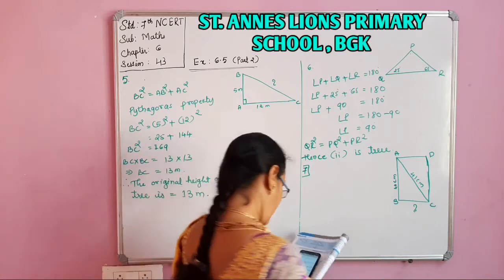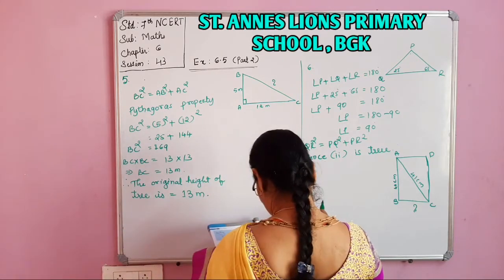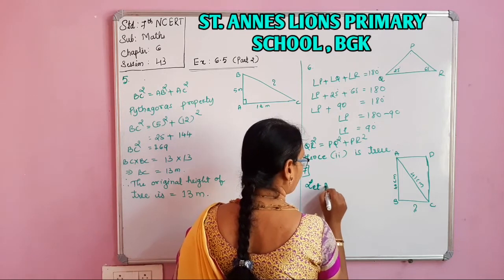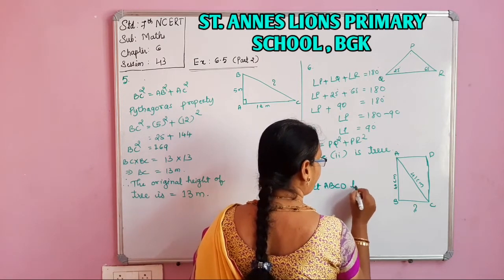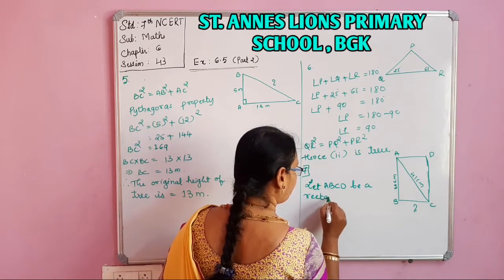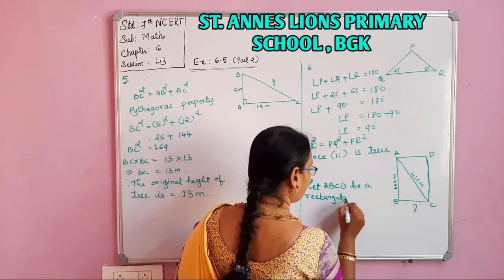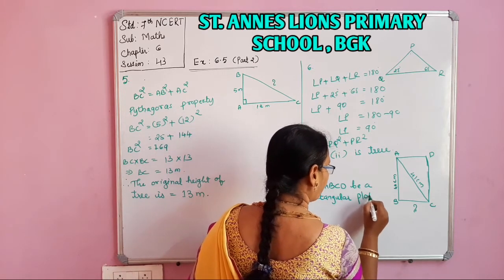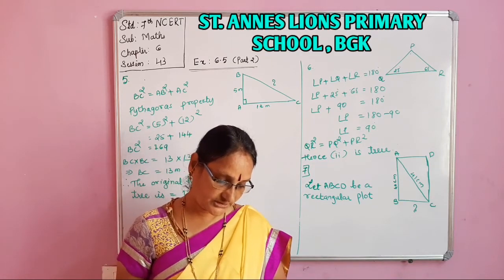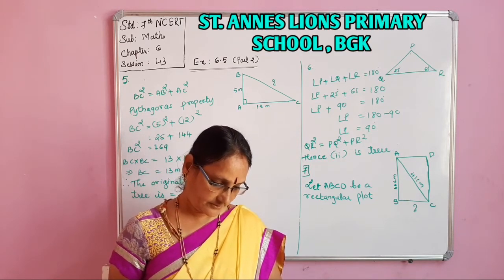Okay. Now let ABCD be a rectangular plot. Now what we have to find out here? Find the perimeter of the rectangle whose length is 40.